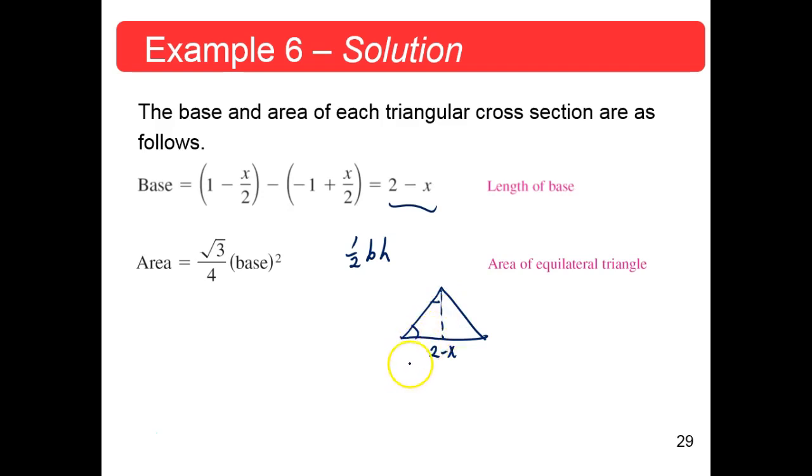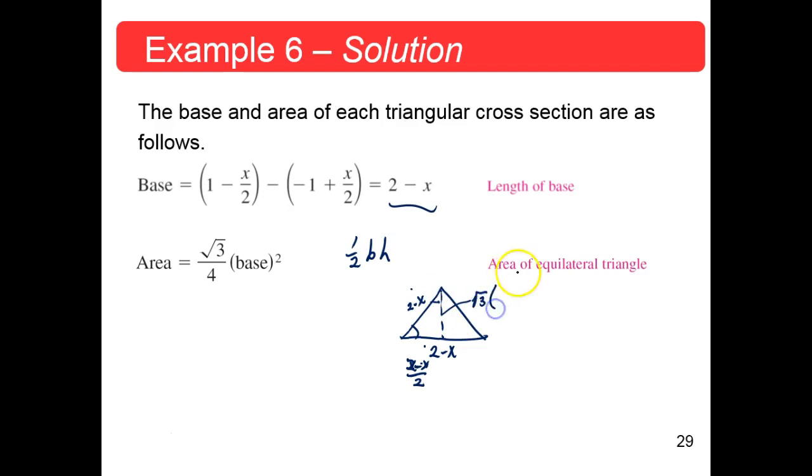So this is (2 minus x) over 2, is this length. Mine isn't drawn very well, okay? It is exactly half that. This is 2 minus x here, though you don't need that. And the ratio here is 1, 2, square root of 3.